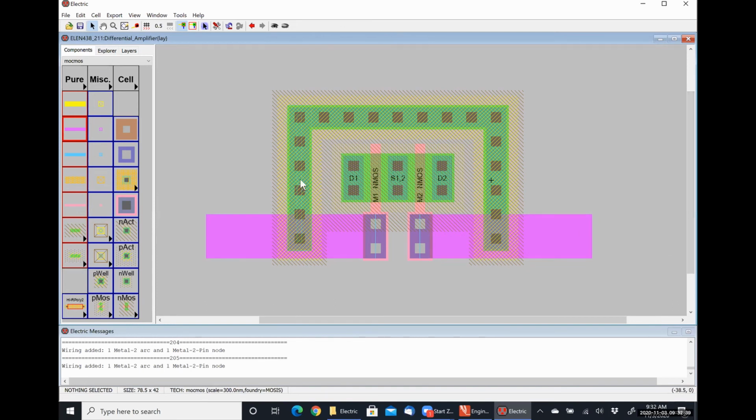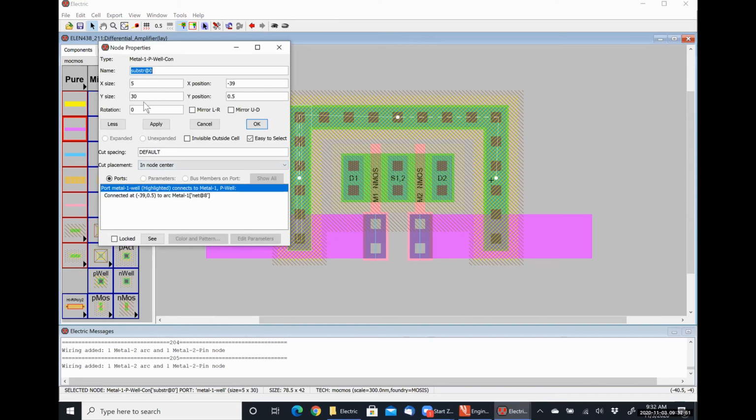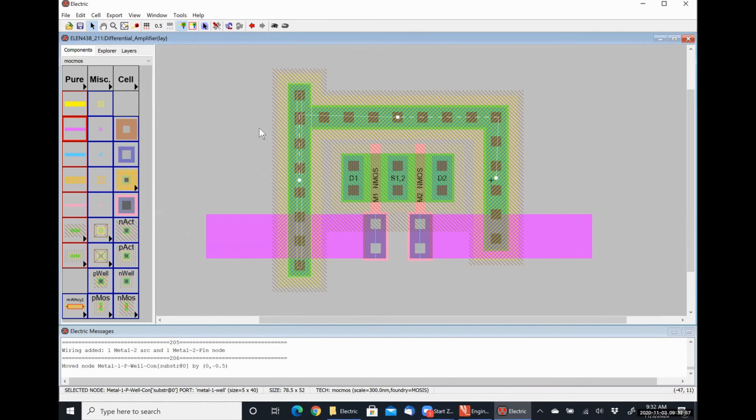All right. So I'm still going to enclose my grounding ring, but now I'm just going to have to extend these guys. So let's make them 40 and slide it down.